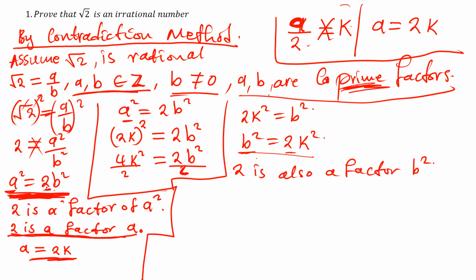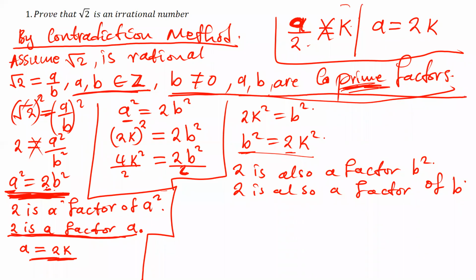So you can say 2 is also a factor of b squared. And then mathematically, we know to say 2 is also a factor of b. So now, if you read the definition of a rational number here, we said a and b are supposed to be co-prime factors, meaning this fraction shouldn't have any factor.